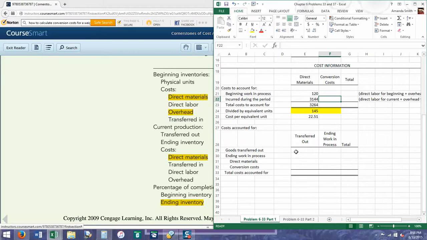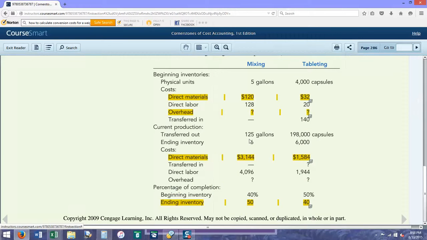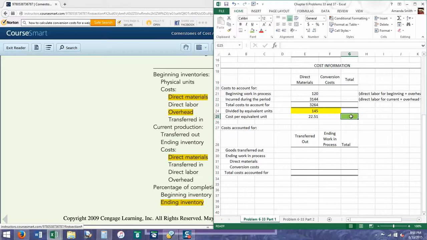For transferred out, you're going to take whatever this amount is times the amount that was transferred out. If you look in your textbook, it shows 125 gallons transferred out. So you're going to take whatever this amount is, the amount in green, times transferred out.